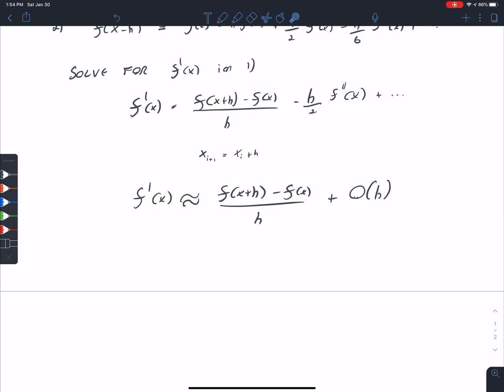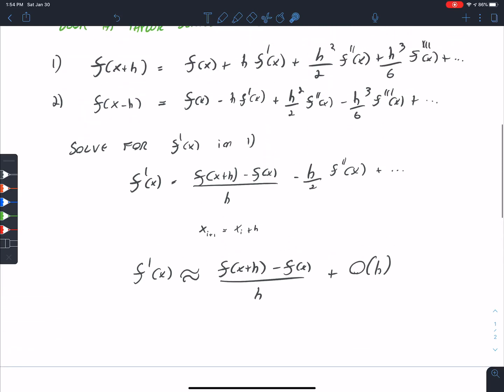That's the meaning of that formula, order h, is that the largest term, when h is a small step size, will be proportional to h, rather than being proportional to h squared, for example. Right, so this is how you derive the first finite difference formula. You take a small step in the x direction, you subtract f of x, and you divide by the step size. You're going to make an error, and the error is of the size, roughly speaking, of h.